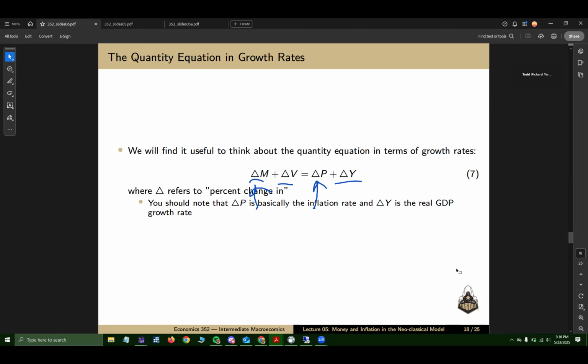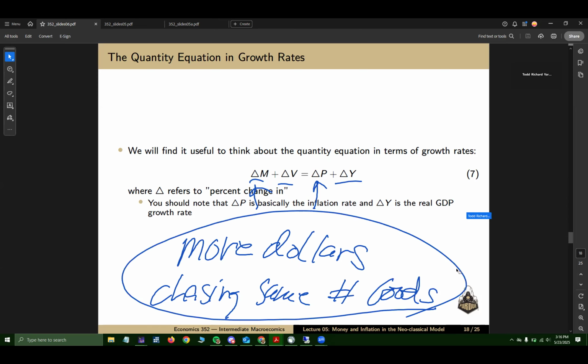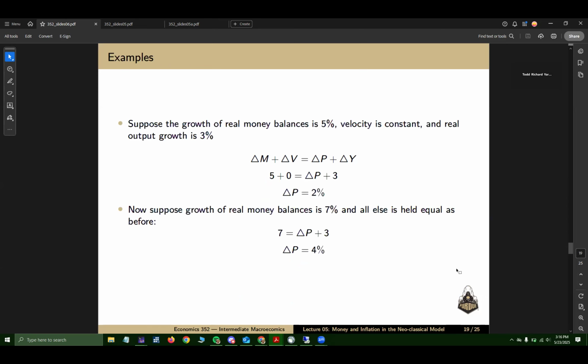You have that classic idea of more dollars chasing the same number of goods. It's a classic economic idea. And Fisher and Friedman and the other monetarists will argue that that is the source of our inflationary problems.